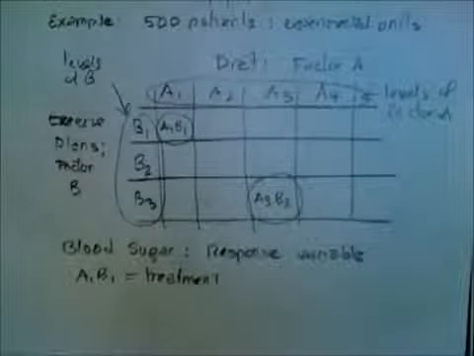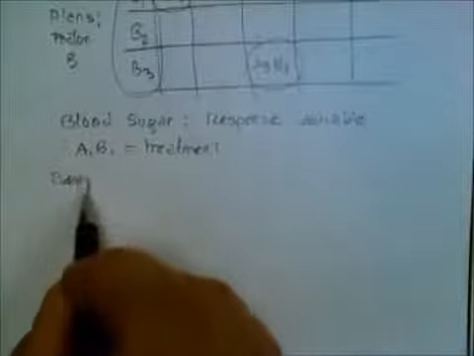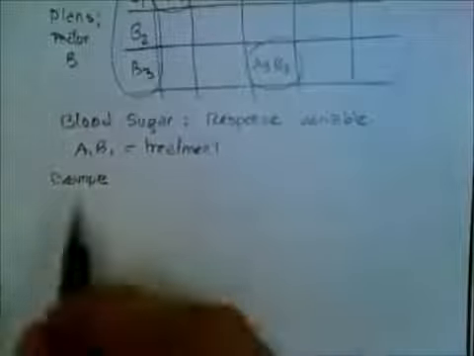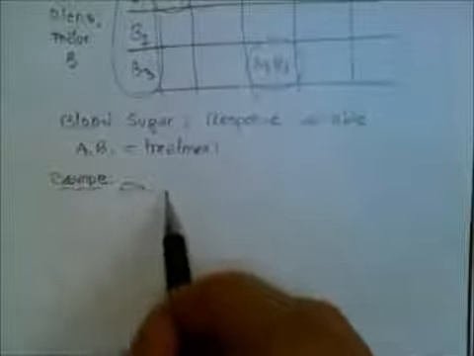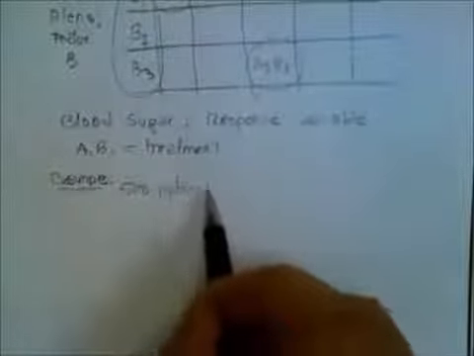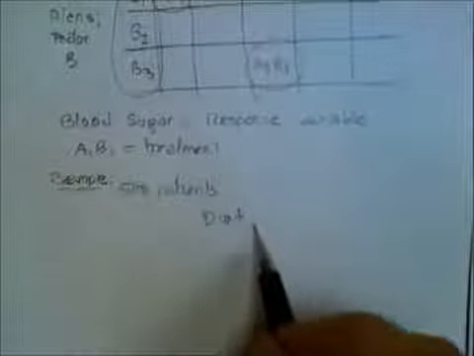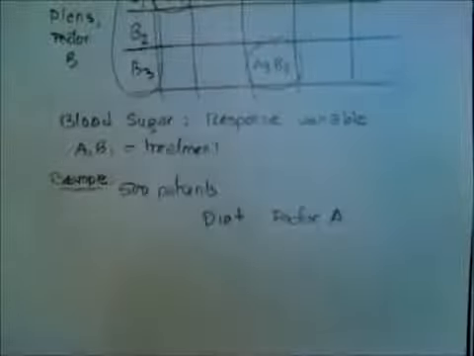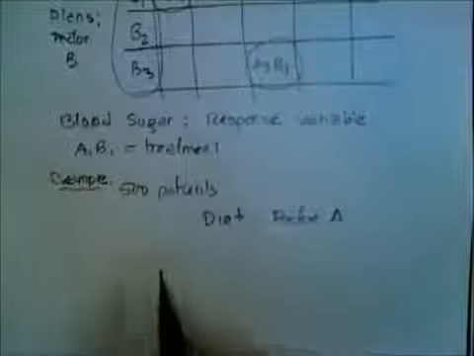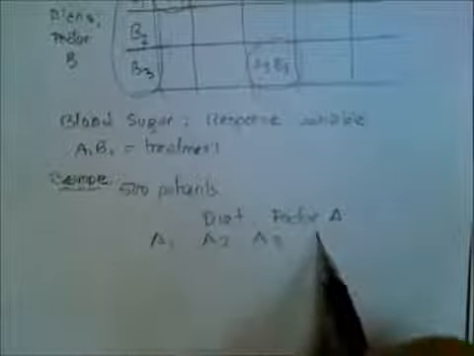Okay. So let's say that as another example, we have another experiment with the same 500 patients, but we only have one factor, which is the diet, factor A. In this experiment, there is no factor B. Okay, there's only one factor, and we have A1, A2, A3, and A4.